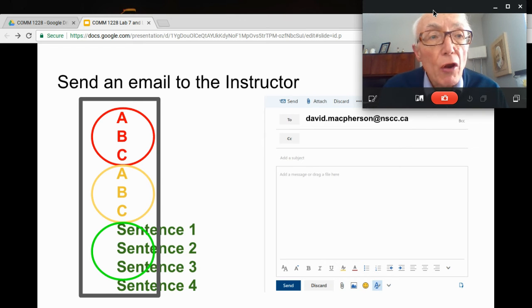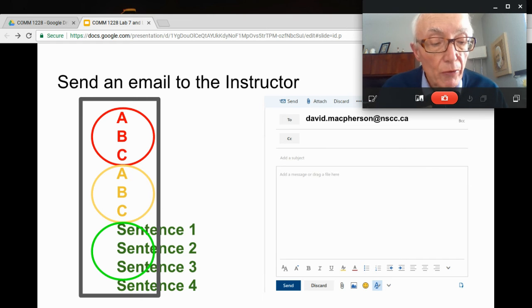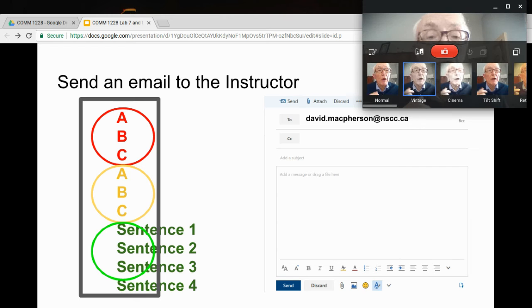Well, today we're just going to think about those headings enough to write one sentence for each of those headings. So the body of this email is going to consist of 4 sentences.